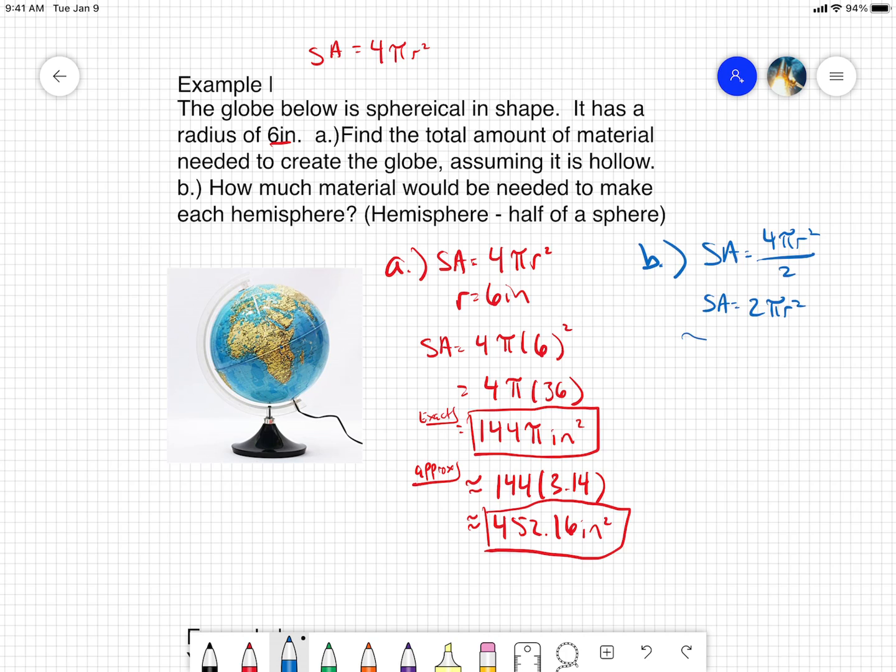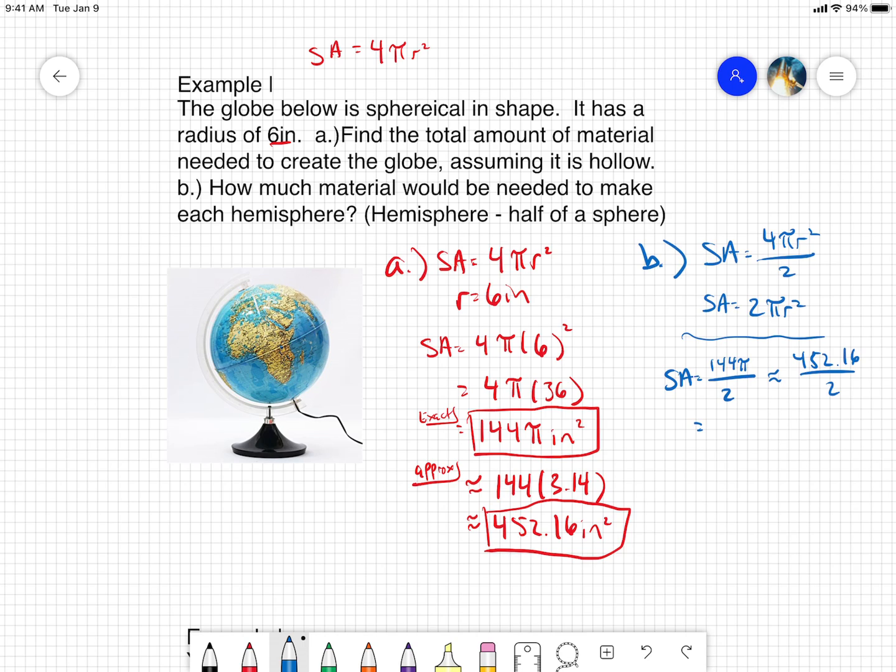Instead of trying to think about it as a formula, we know that our entire sphere has an area of 144 pi inches squared, and so all we're going to do is divide that by 2. Or we're going to approximate it as 452.16 divided by 2.